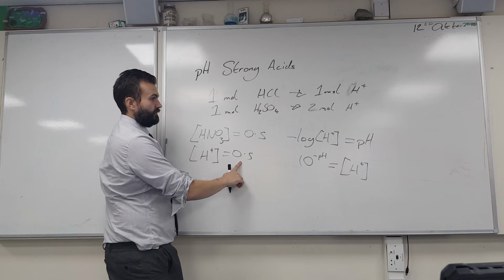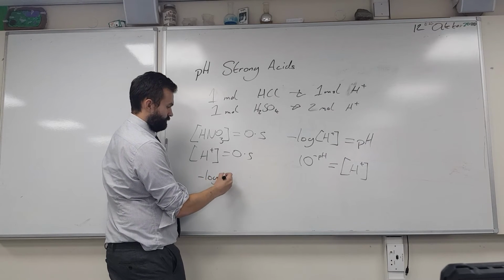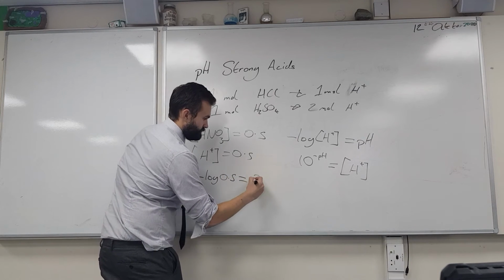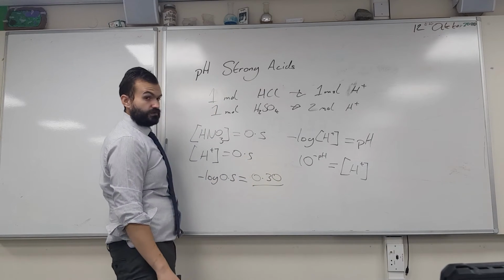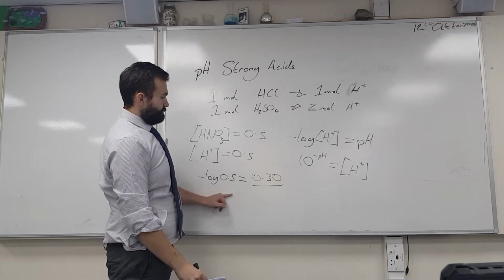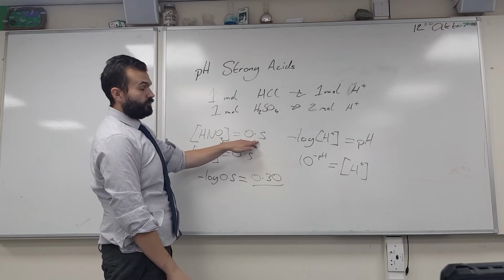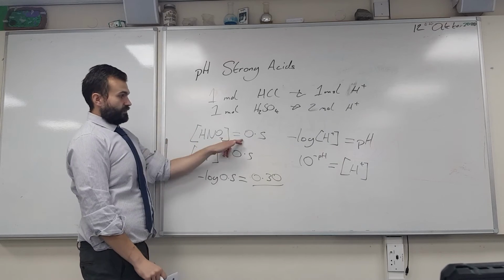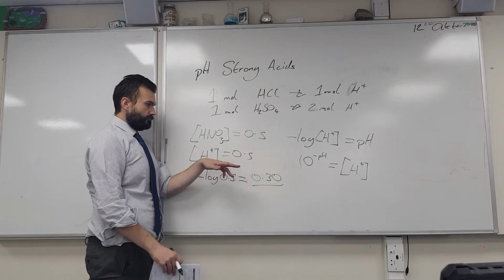So all we do is minus log of 0.5, and that gives us an answer of 0.30. The pH is also given to 2 decimal places. So we've worked out the pH when we have 0.5 molar HNO3. If it was diprotic, you would just times it by 2. If it was triprotic, times it by 3.